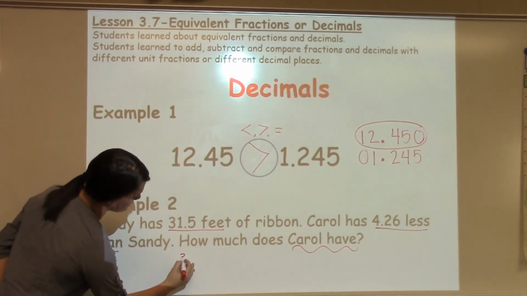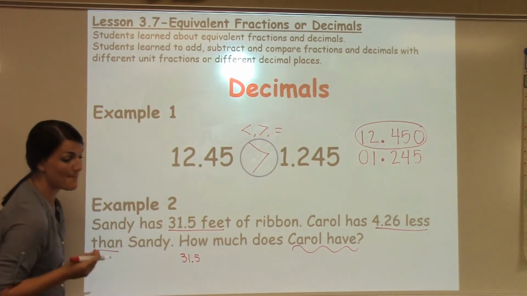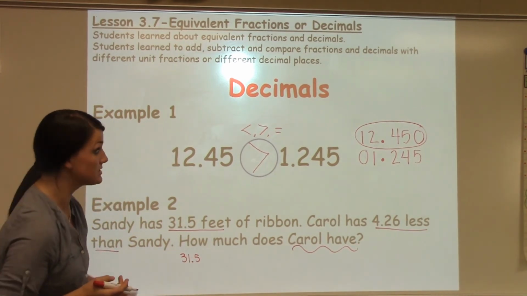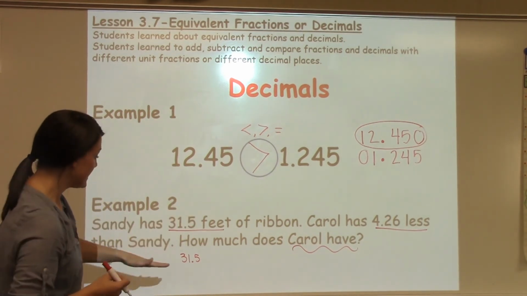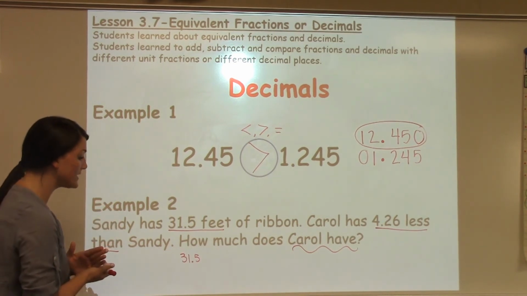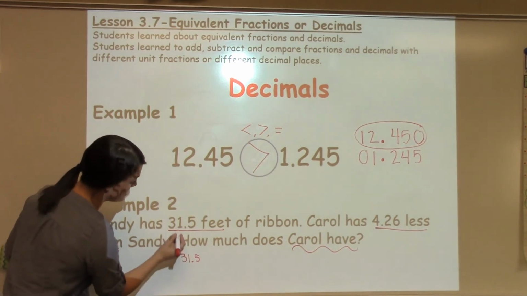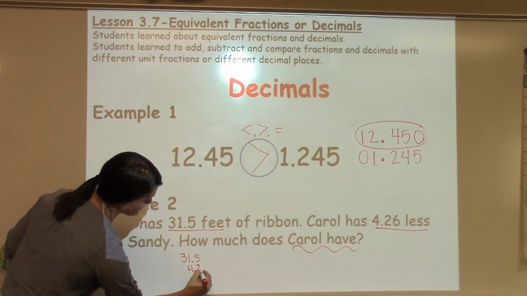So I'm going to line up my decimal points. Anytime that I'm adding, subtracting, or comparing decimals, I always have to line up my decimal points. So I've got 31 5/10, 4 26/100.